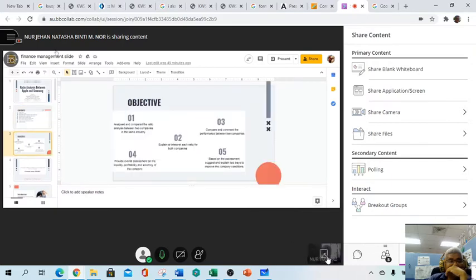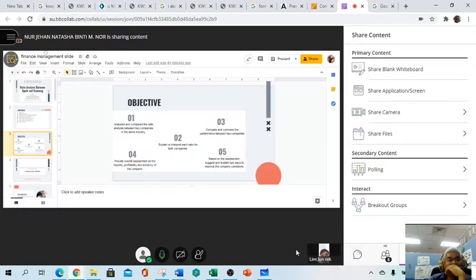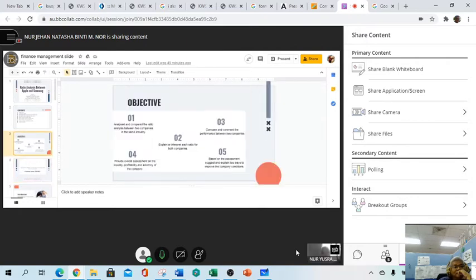For our objective, we have 5 objectives. Number 1 is to analyze and compare the ratio analysis between the two companies in the same industry. Number 2 is to explain or interpret each ratio for both companies. Number 3, compare the company.